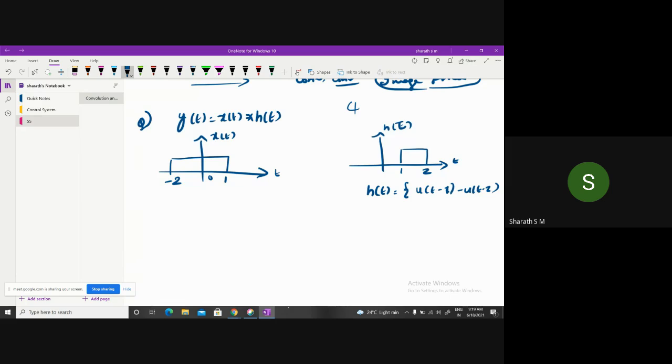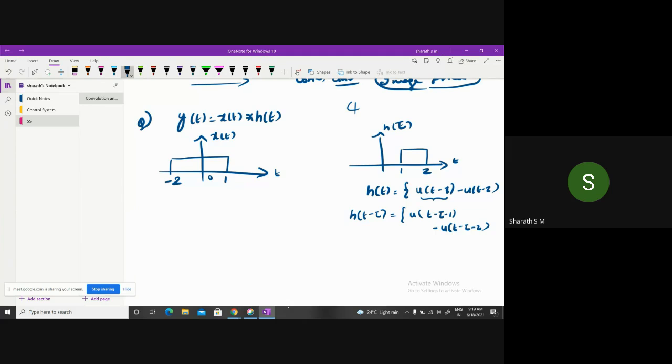So h of t minus tau: we subtract these two, and wherever we have a t, replace it by t minus tau. Make a proper observation here. So it becomes u of t minus tau minus 1 minus u of t minus tau minus 2.